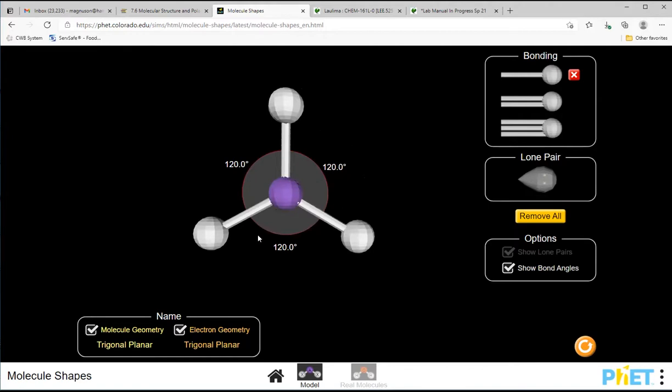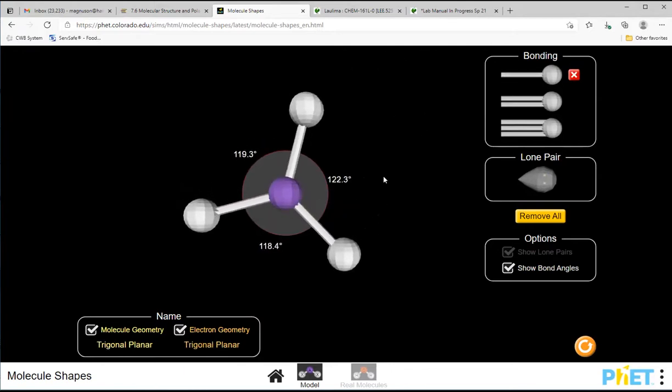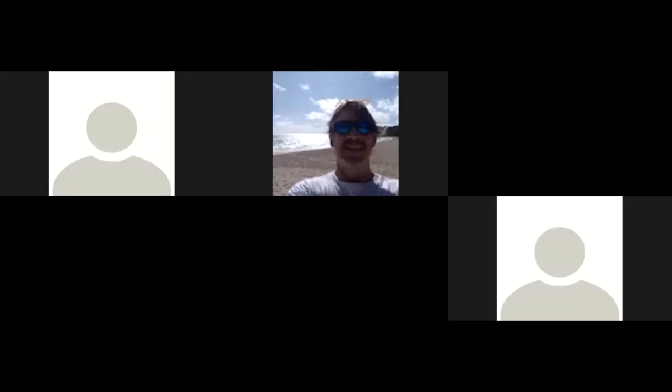So they got as far away from each other as possible. You can add or take away molecules. Let me go back to the board. This VSEPR theory is based upon the fact that the electron domains want to be as far away from each other as possible.